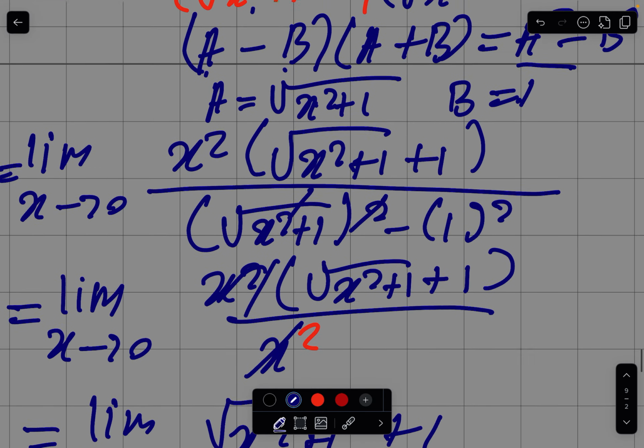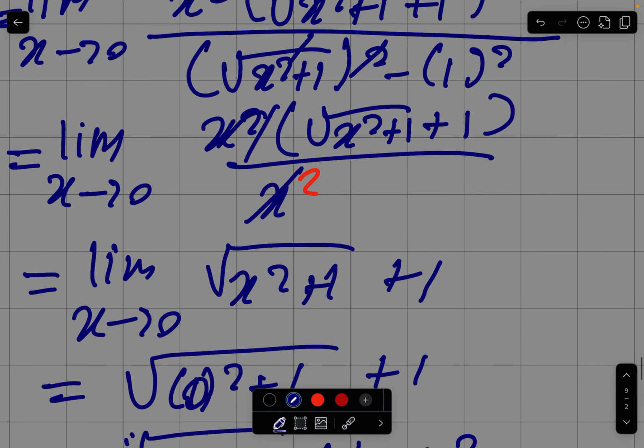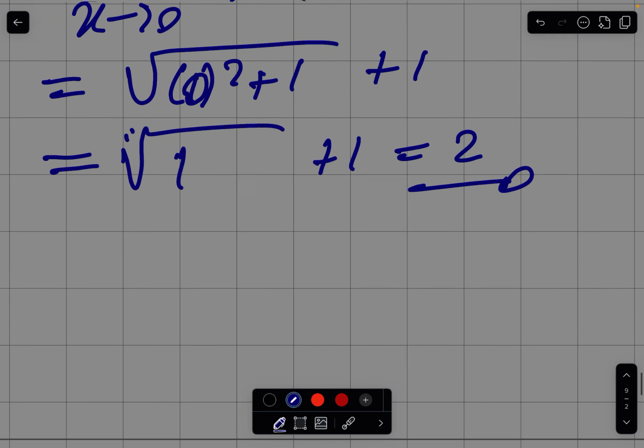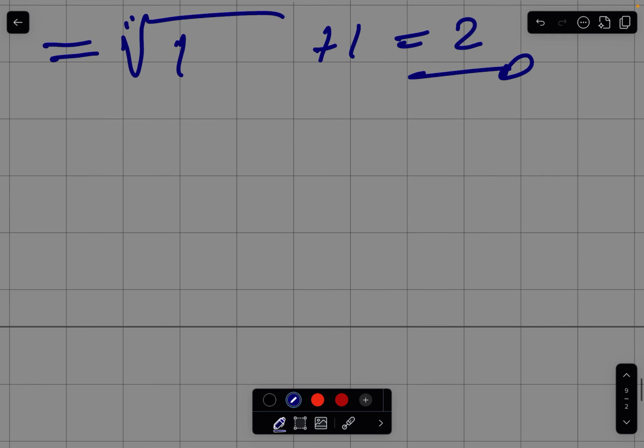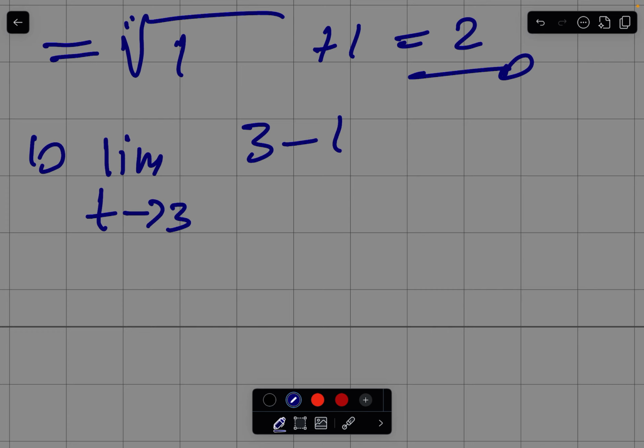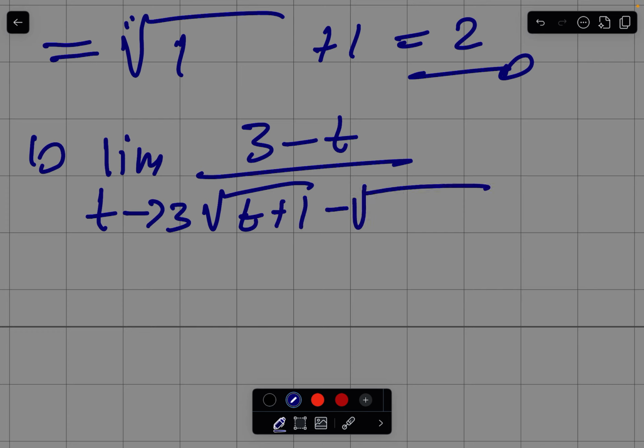Let's check question number 10. We're going to have question number 10, which is the limit as t approaching 3 of 3 minus t, the whole divided by square root of t plus 1 minus square root of 5t minus 11.